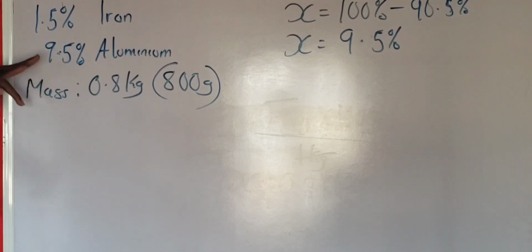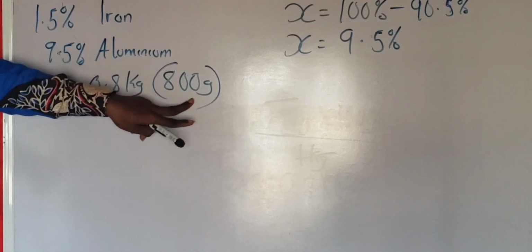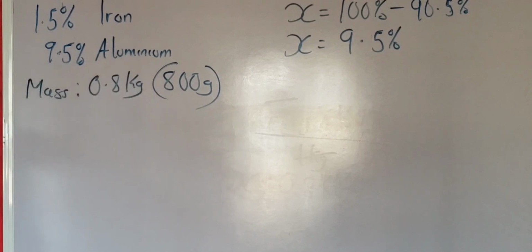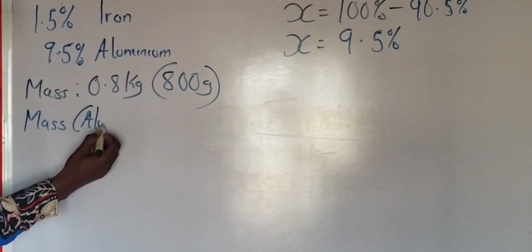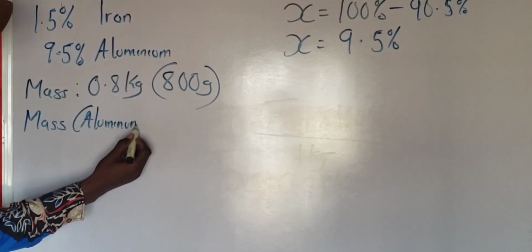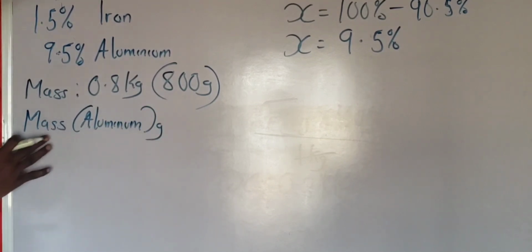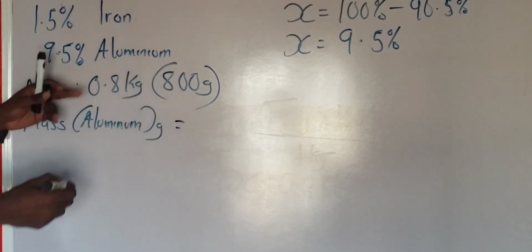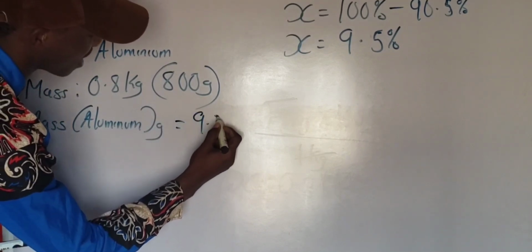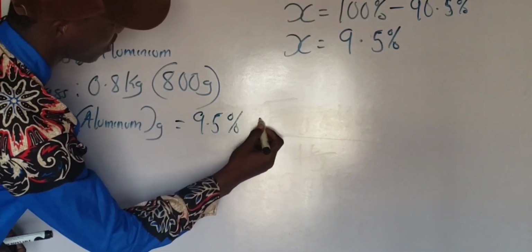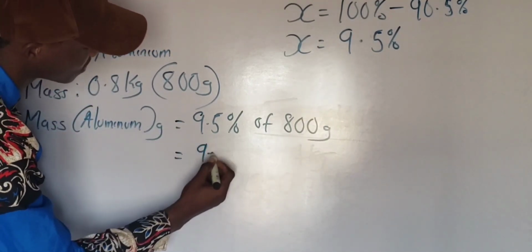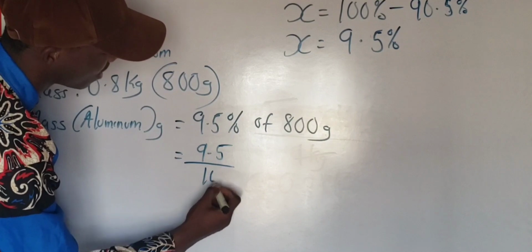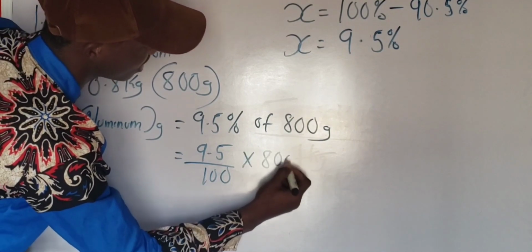Just multiply 9.5% by the 800 gram. The mass of aluminium in gram is equal to 9.5% of 800 gram. In our previous class, 9.5% is 9.5 over 100 multiplied by 800 gram.